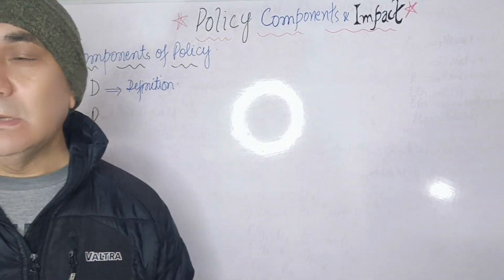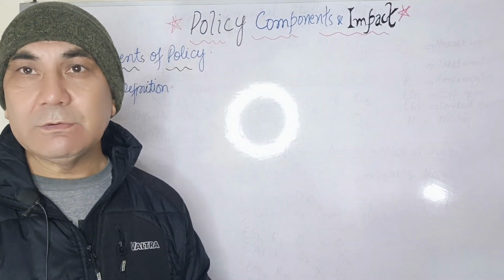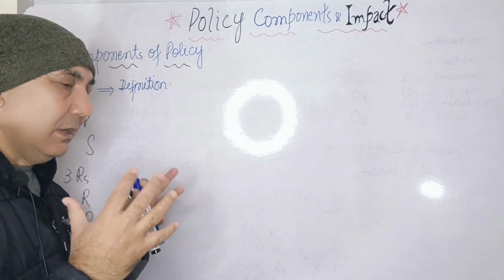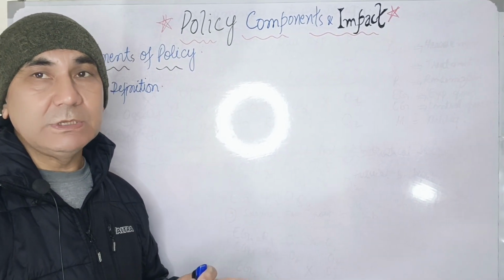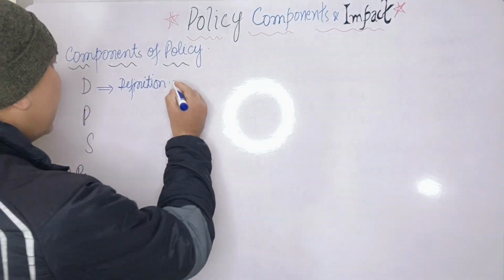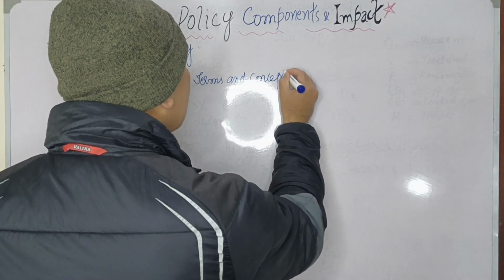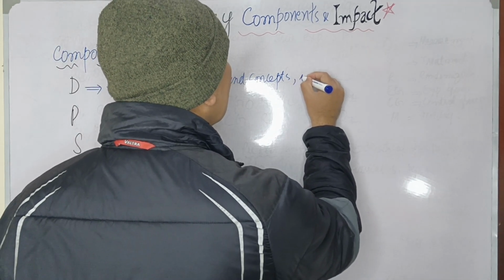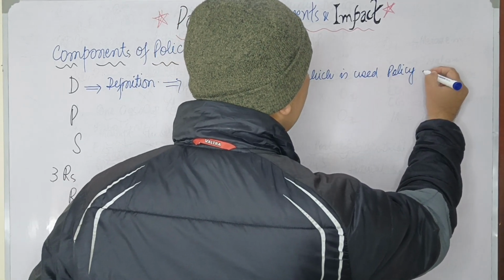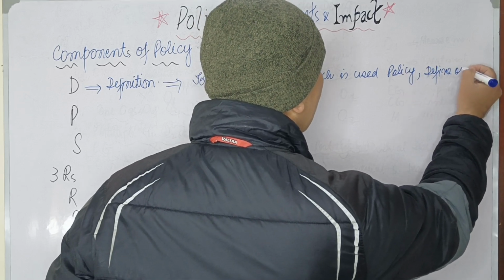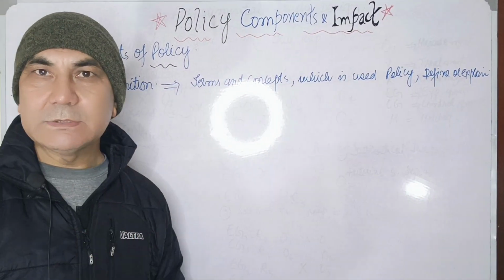In the definitions of the policy, when you make the policy for the organization level, the public level, or the government level, the terms or the concepts which you will use in that particular type of policy, you should define and explain them. So what do these terms mean, and what does this concept mean?